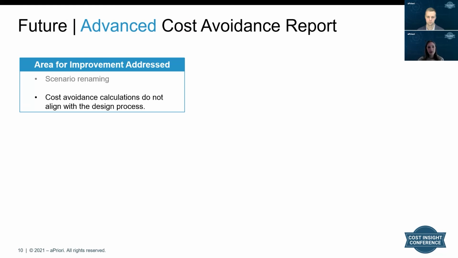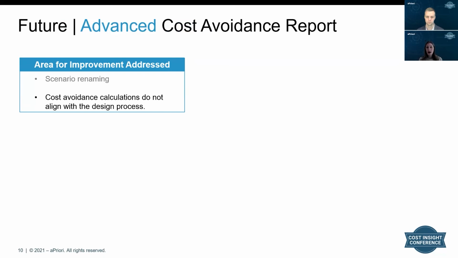So focusing in on the second bullet here. Cost and manufacturability feedback is intended to be incorporated throughout the component design process, resulting in many instances of cost avoidance between a component's initial and final design. Our basic cost avoidance report calculates cost avoidance once per component and at the end of the design process.